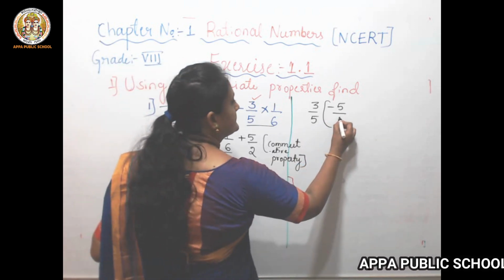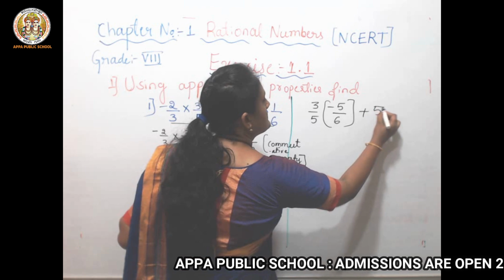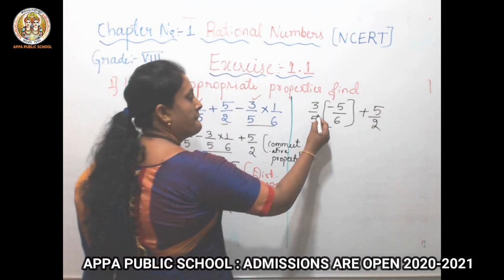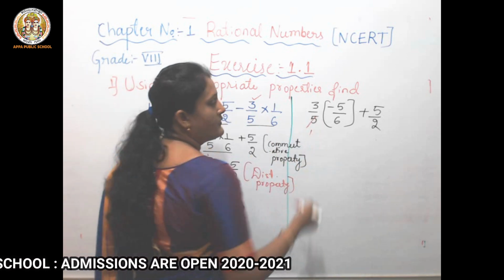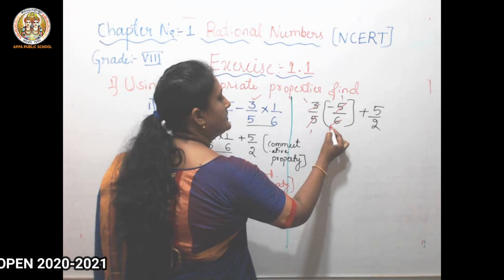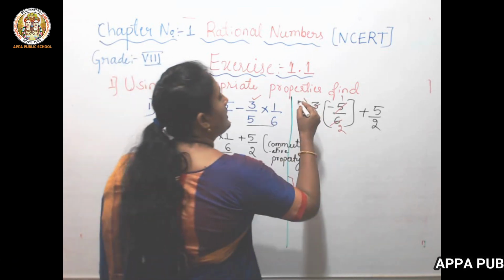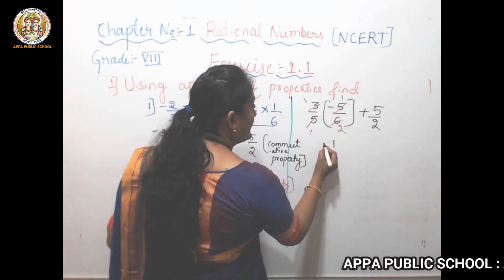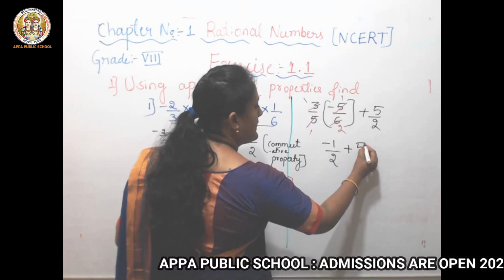By 6. Plus 5 by 2 as it is. Isn't it? Next. 5 ones are 5. Can we simplify? 5 ones are 5, 3 ones are 3, twos are 6. Now what's the remaining? 1 ones are 1, that is minus 1 by 2, plus 5 by 2.